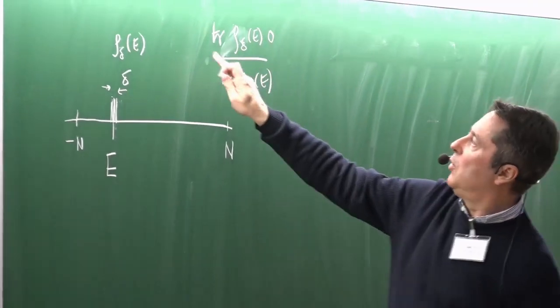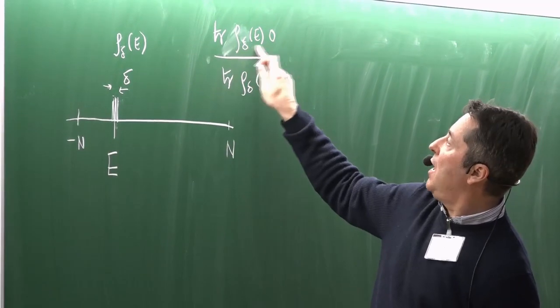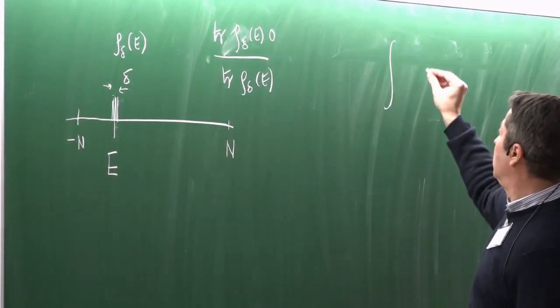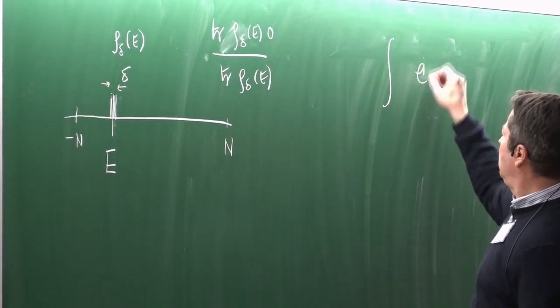I can integrate over this energy, so I can compute something like the integral, maybe I write it like that, of e to the minus beta e.